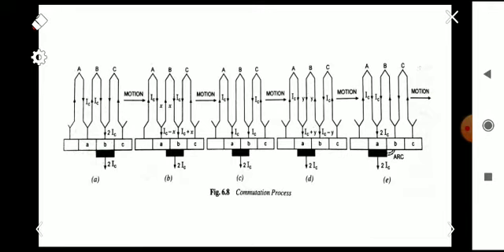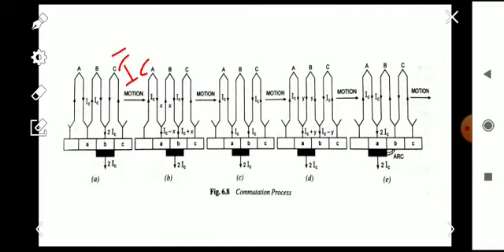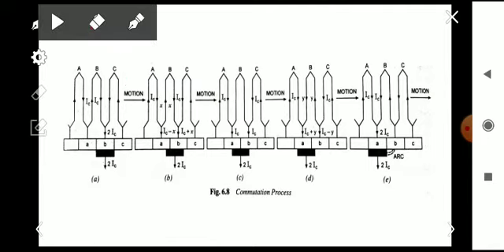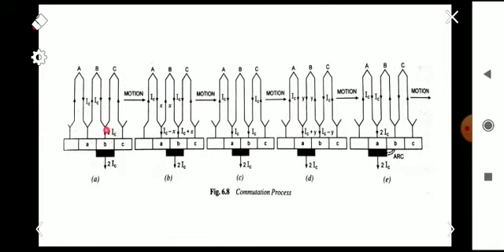The only way for the current to reach the external circuit is from A to B, to commutator segment B, to the brush and to the external circuit. Here IC is coming from the left side and also IC is coming from the right side, so in effect a total current of 2 IC flows through commutator segment B and the brushes to the external circuit.